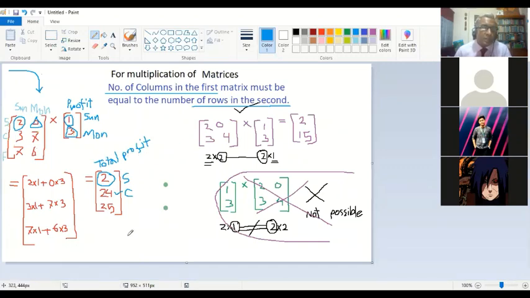In the same way, 25 taka is the profit from Fanta, from Sunday and Monday both. So this is the real life connection. This is how we do addition, subtraction and multiplication, and how matrix operations are connected with our real life situation.